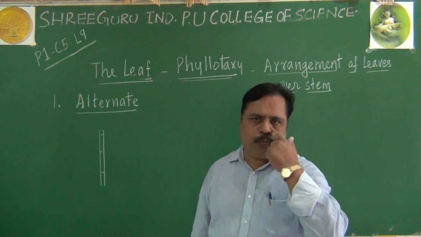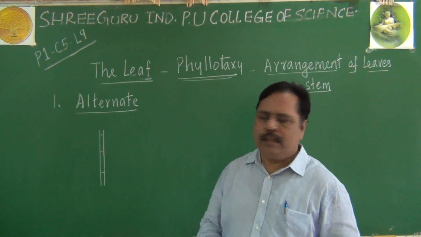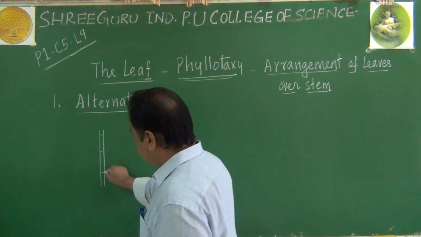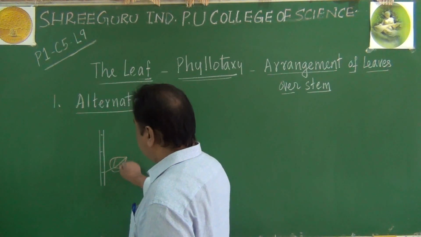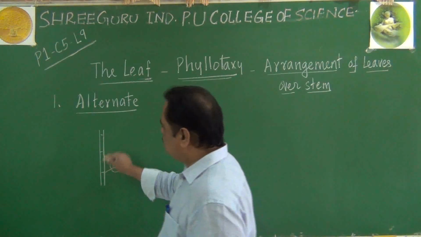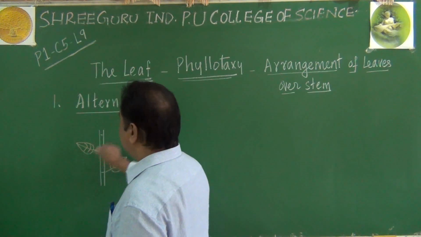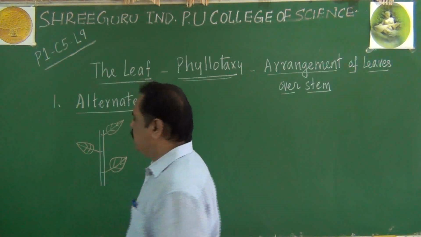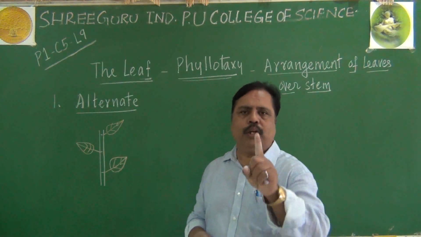This is the stem, these are the nodes. Imagine this node has a leaf here, means there won't be any other leaf on the other side. And the second node will have a leaf like this, another leaf in this manner. Third leaf will be present on third node like this. So each node will contain only one leaf.